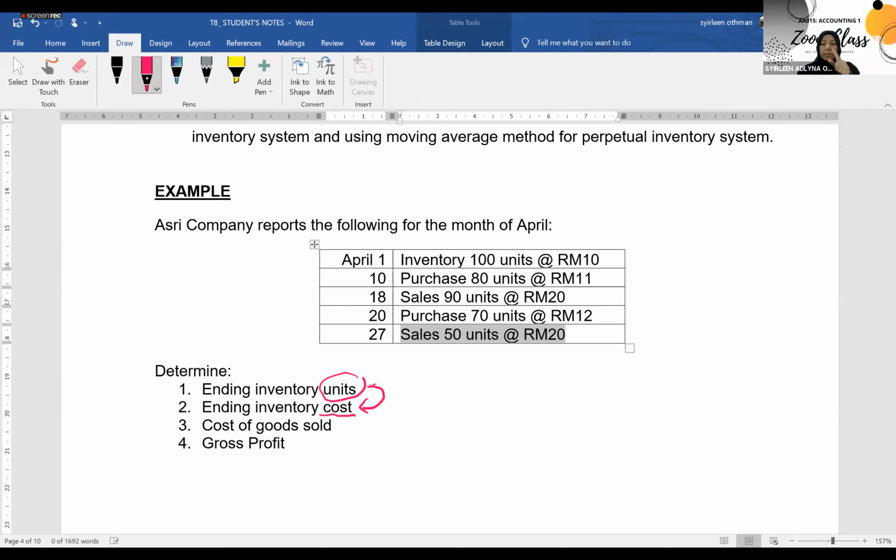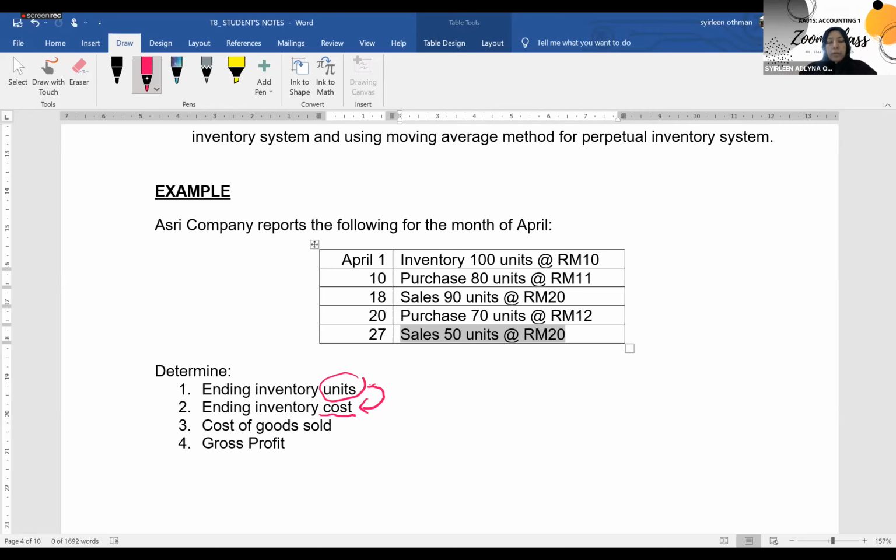If your ending inventory unit is wrong, automatically your ending inventory cost will be wrong lah. Dan bila dia dah salah dekat atas tu, dia akan tarik bawa ke bawah. Dia bukan macam SPM. Dia salah sekali saja kita penalize. So second, third, fourth tu masih bagi jawapan sebab dia atas jawapan tadi. For matrix, kalau you dah salah nombor 1, dia akan bawa sampai habis lah.